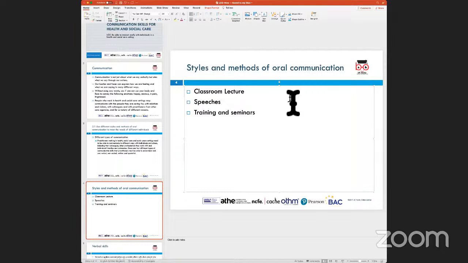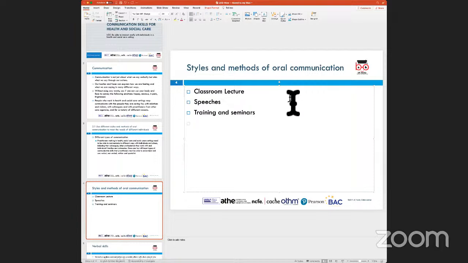A lot of us in the health and social care sector get a lot of trainings throughout the year. These trainings, half a day, 1 day, 2 day, 3 day, 5 day trainings, or seminars, are generally delivered by specialist people who are trainers, and they would be imparting information which you are required to gain as a skill, and that would be done through oral communication.